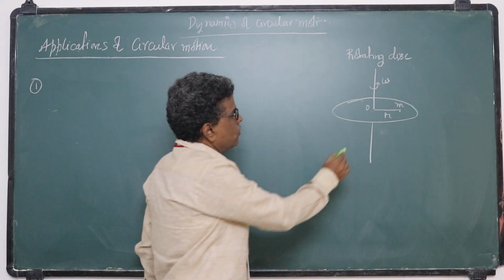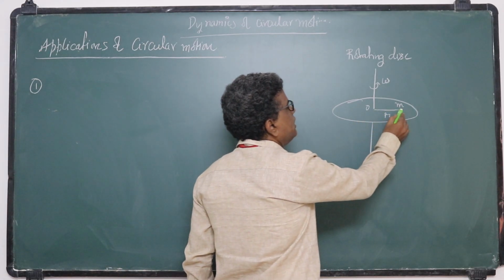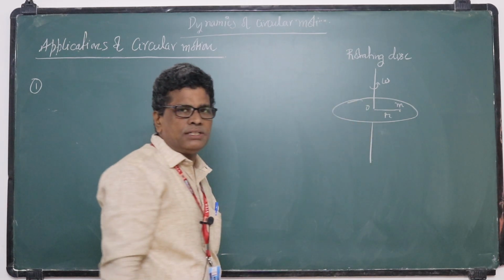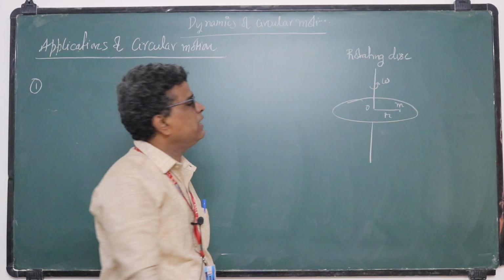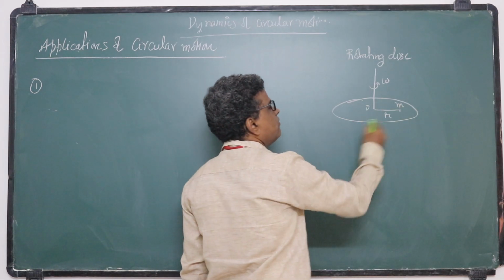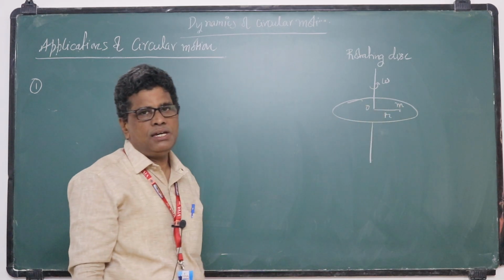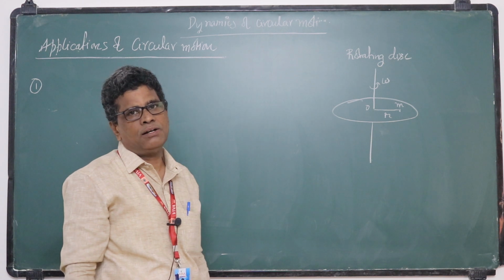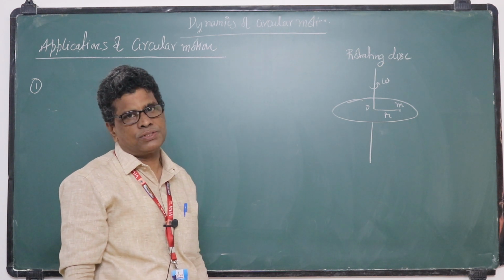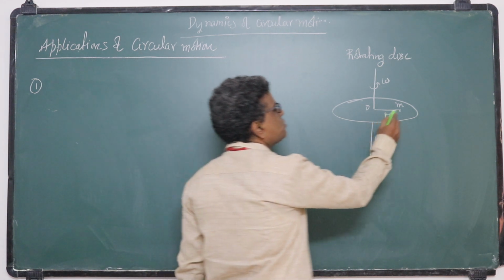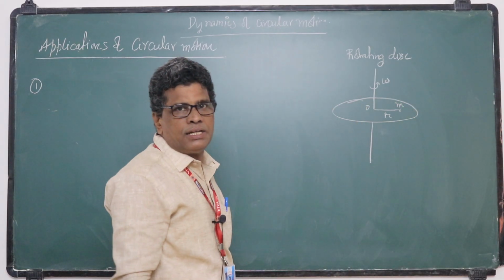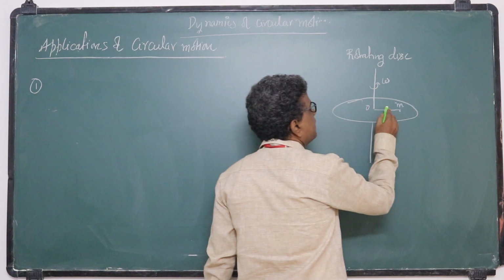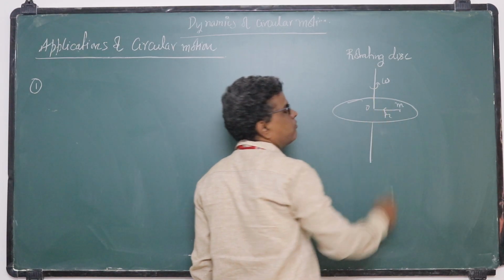Now the body is rotating along with the disc up to a particular speed only. When it is rotating along with the disc, there will be a pseudo force acting on it, that is centrifugal force, that tries to throw this body away. That is balanced by the centripetal force.